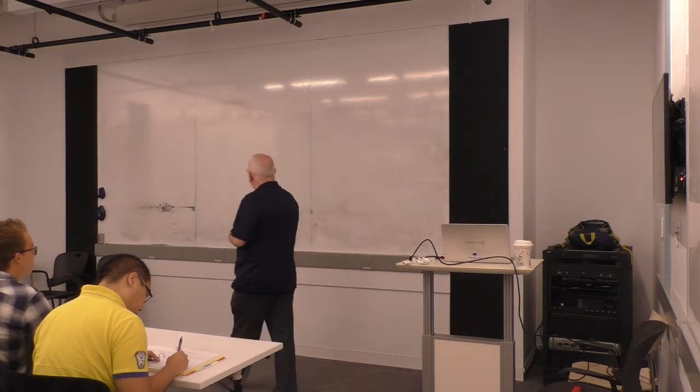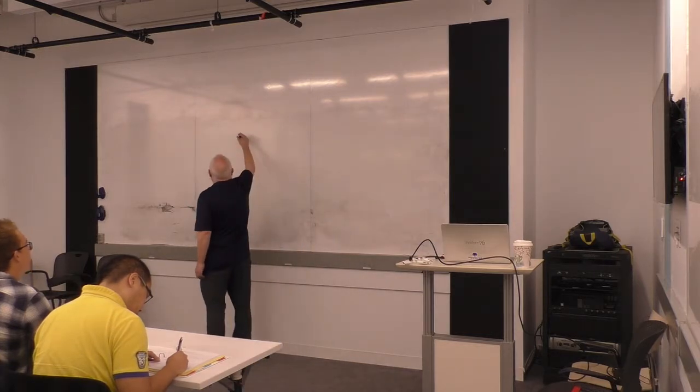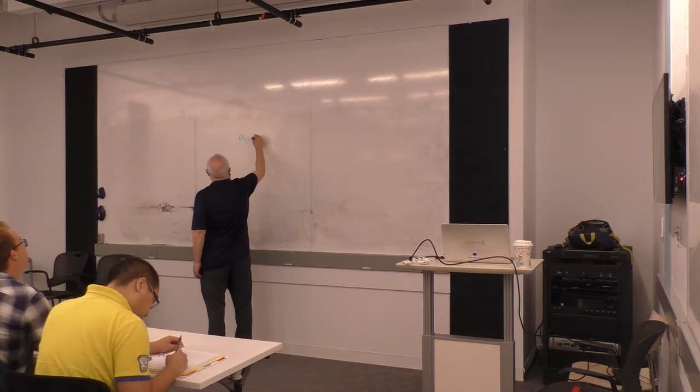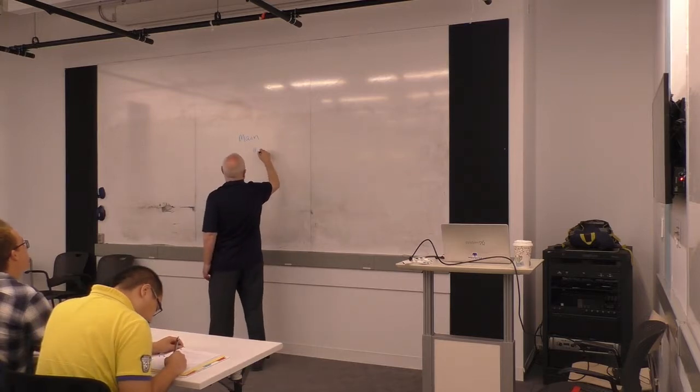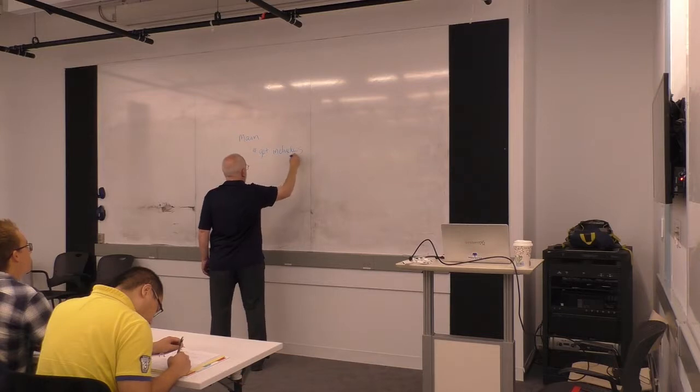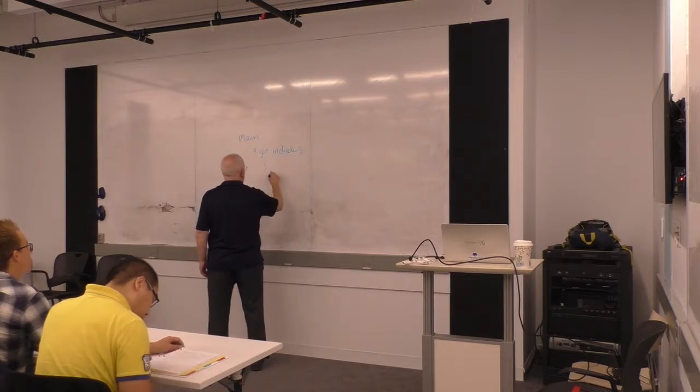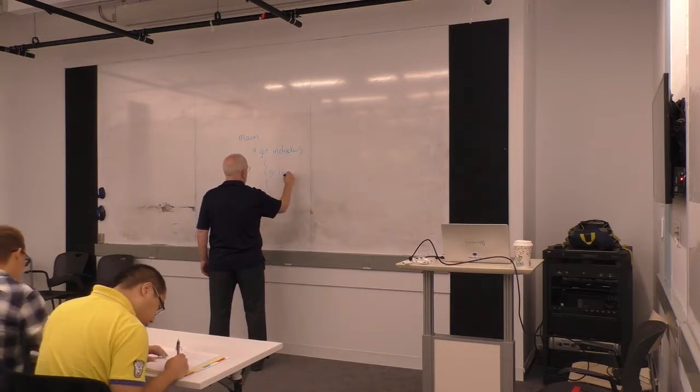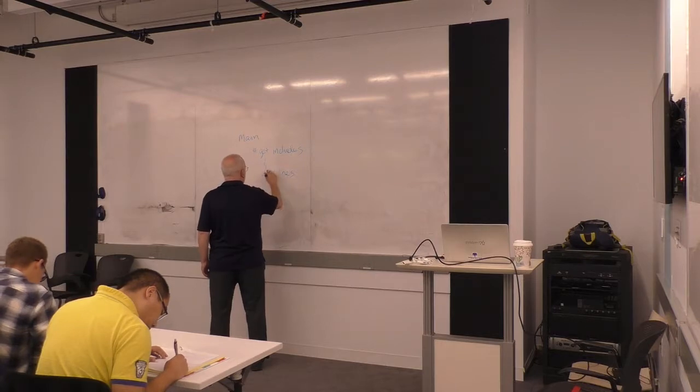And the original version of the code, we had main, and then we had get includes, and this was like 16 lines.